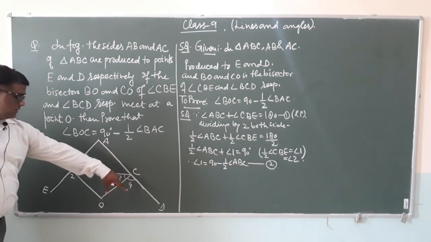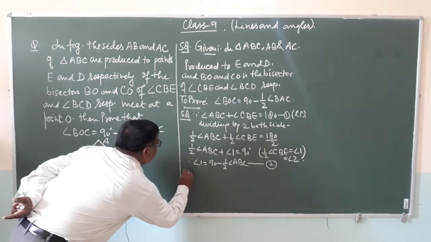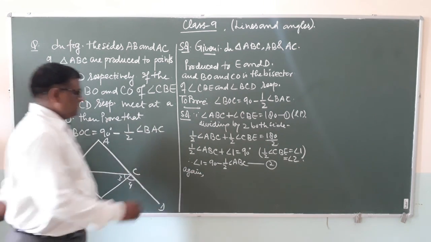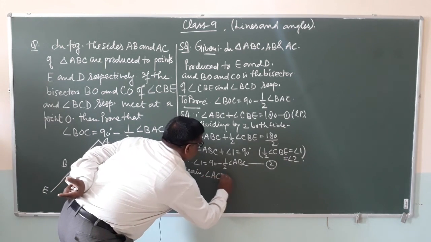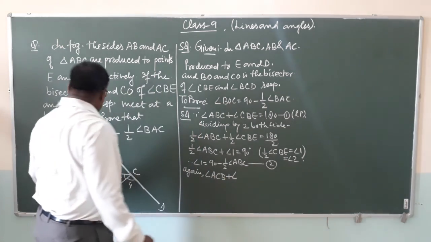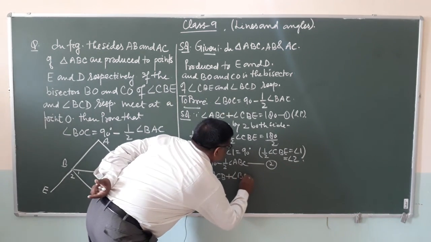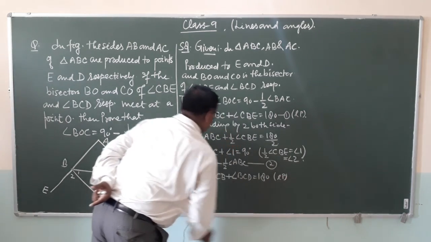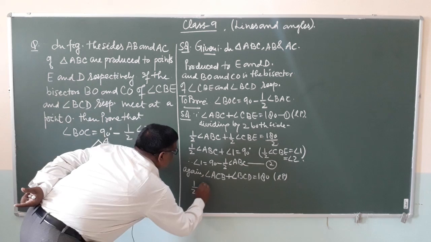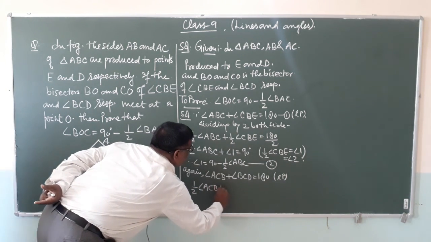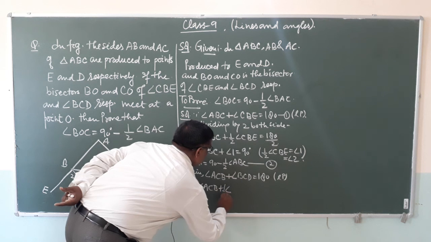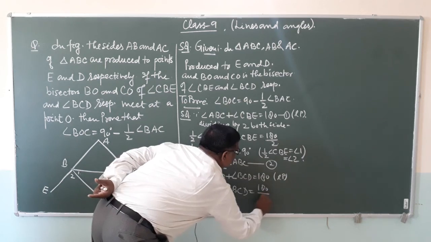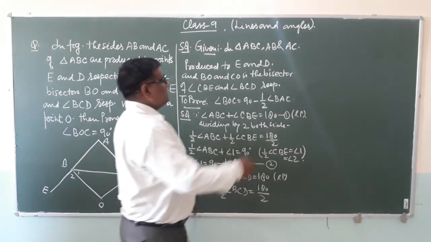Again, similarly from this side, look here: angle ACB plus angle BCD is equal to 180 degrees, that is linear pair. So now we divide: 1 by 2 angle ACB plus 1 by 2 angle BCD is equal to 180 upon 2.